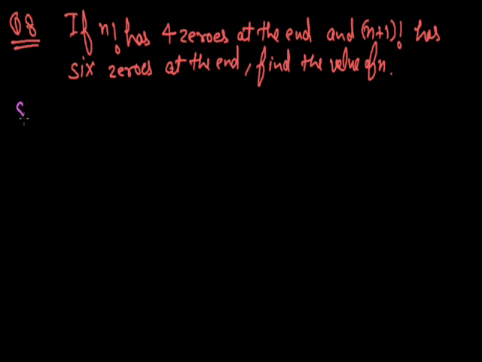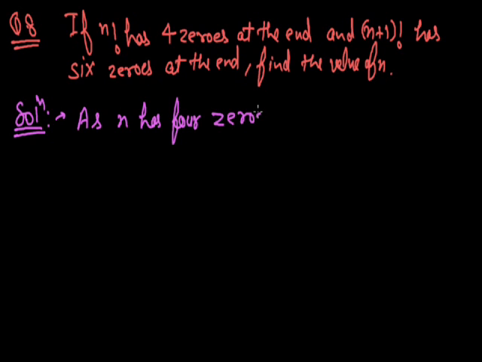Let us see the solution of the given question. As n factorial has 4 zeros at the end, it should have 10 raised to power 4 as a factor, or 5 raised to power 4 as a factor.